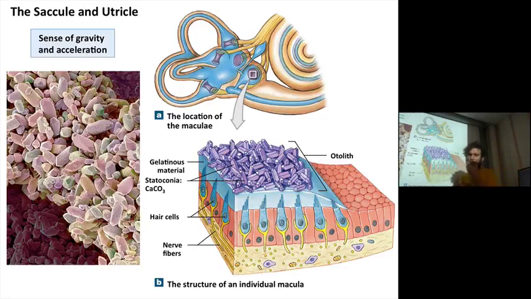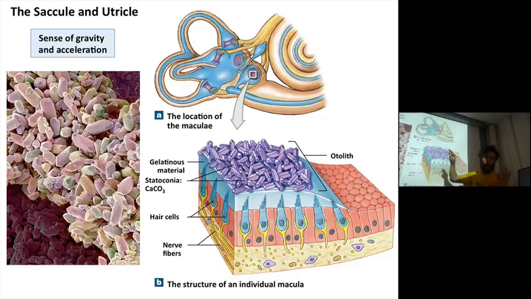And the way this works is there's this macula, a patch in the saccule or the utricle that has this gelatinous material on it, quite similar to the cupula of the crista ampularis, that gelatinous thing those hair cells are embedded in. These hair cells are stuck up into it. On top of it is this large structure called an otolith.